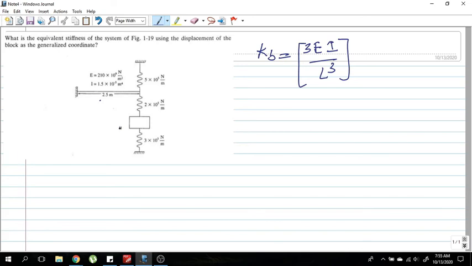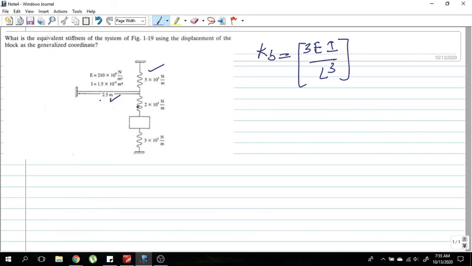Now, as I mentioned in the previous example, we need to categorize these given spring configurations into parallel and series. As you can see, this top spring and this beam here.